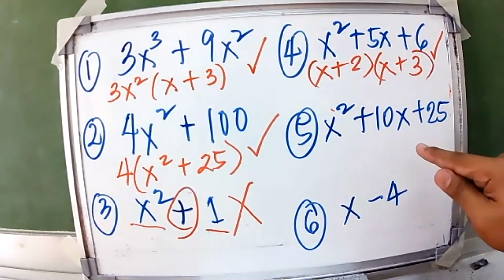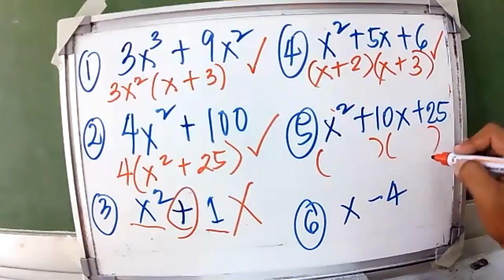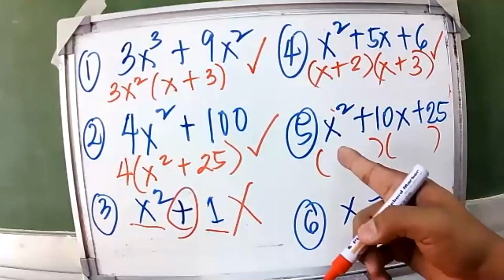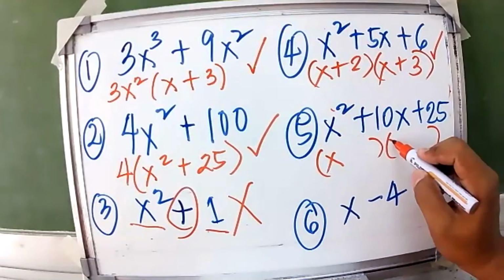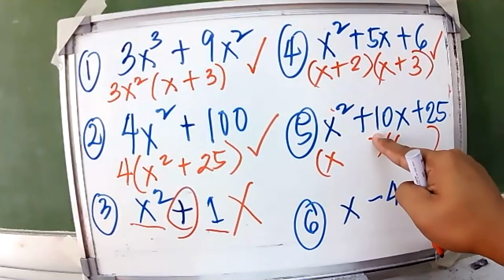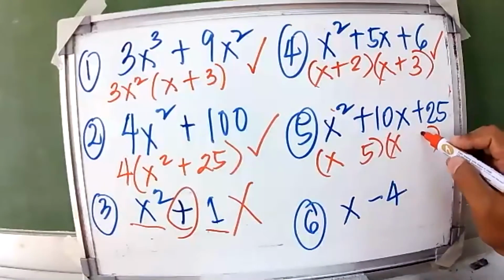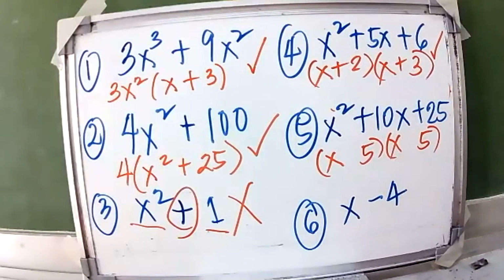Okay, next. Ito. But actually, this is PST. Pero kung nakalimutan niyo yung PST, let's do the trial and error kasi pareho lang naman yan. Factors of x squared, that's x and x. Factors of 25 na dapat magiging 10. What are those numbers? 5 and 5. What should be their signs to get a positive 10?